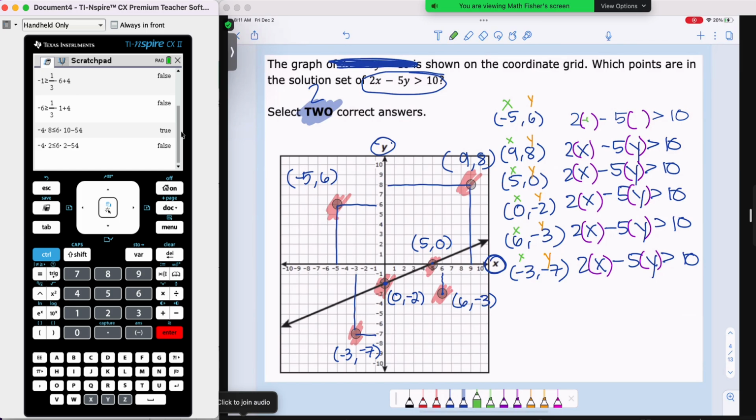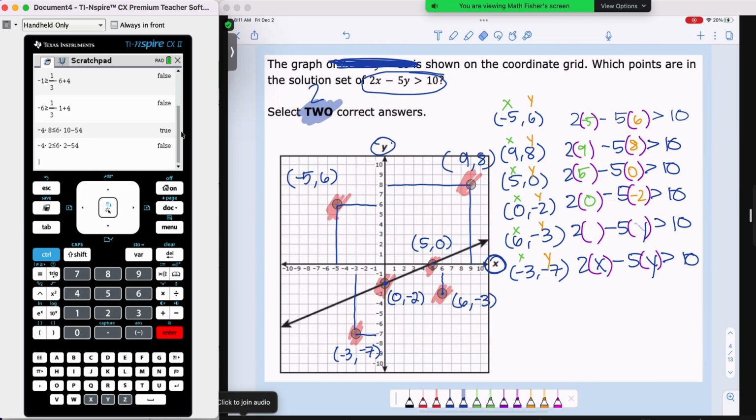So I have negative 5 here, 6 here. Then the next one, I have 9, and then 8. Then the next one, I have 5, and then I have 0. Then the next one, I have 0, and we're getting the numbers from right here, right beside it, negative 2.